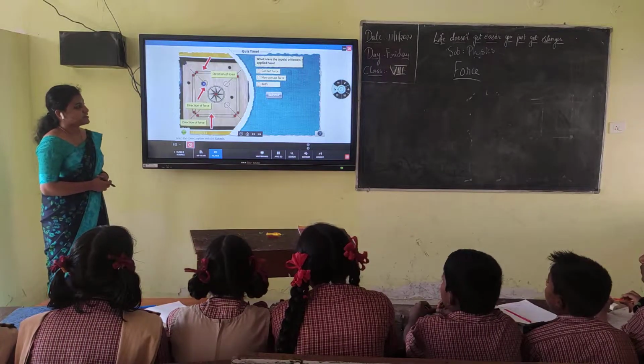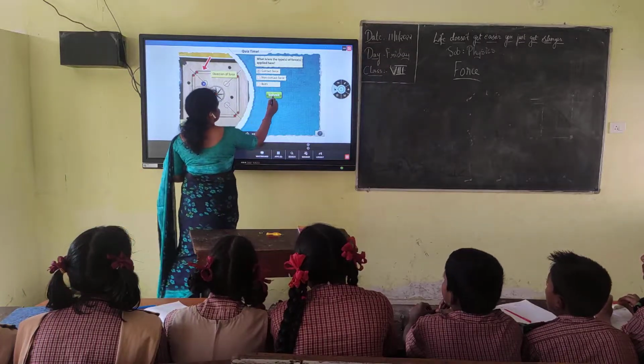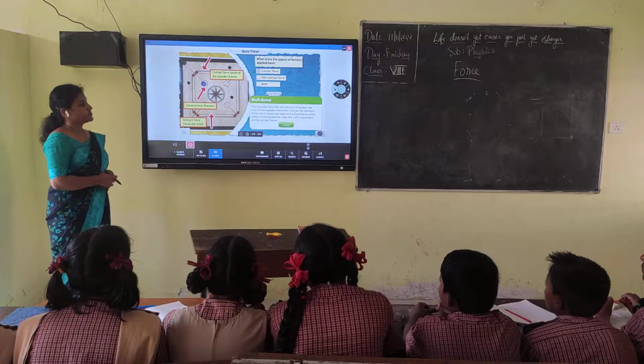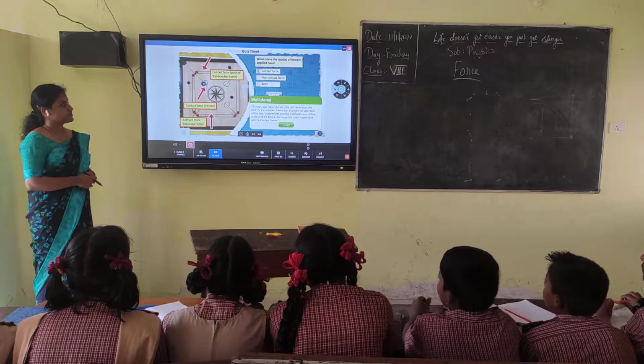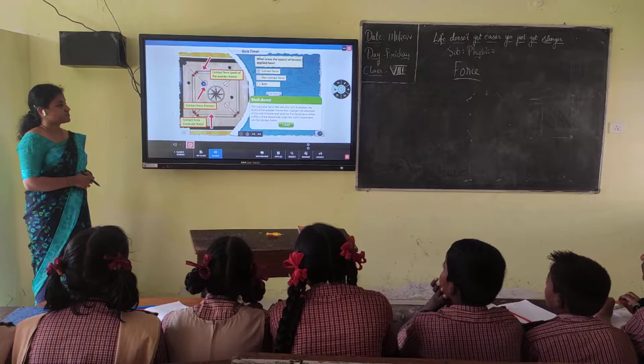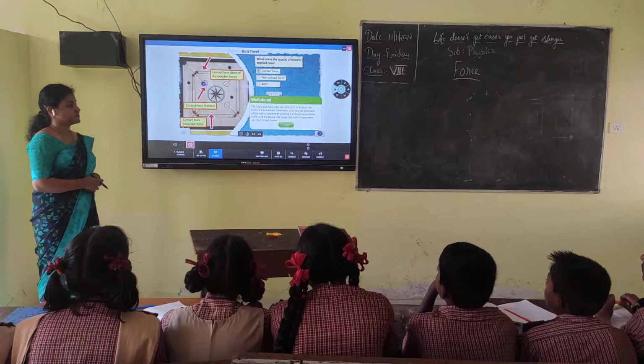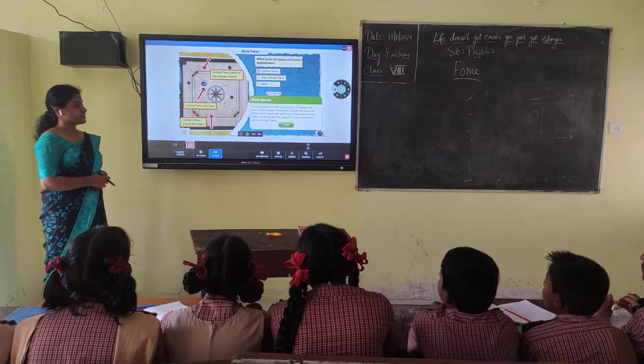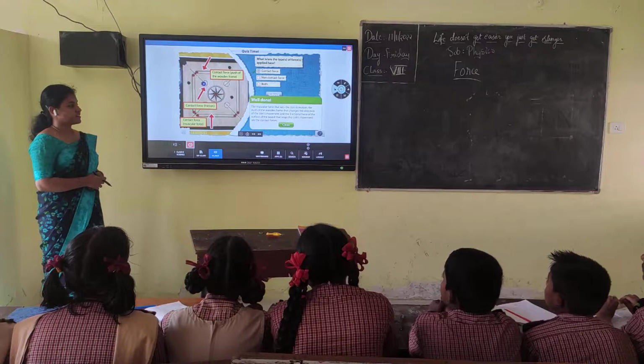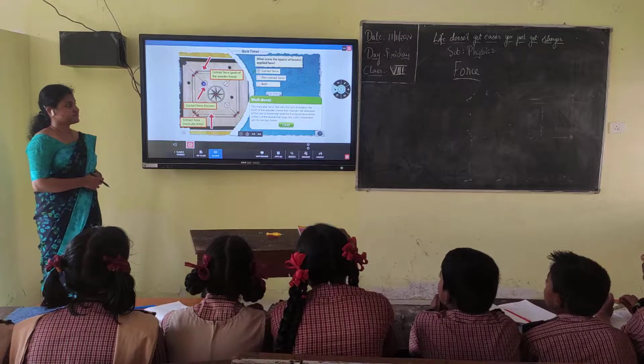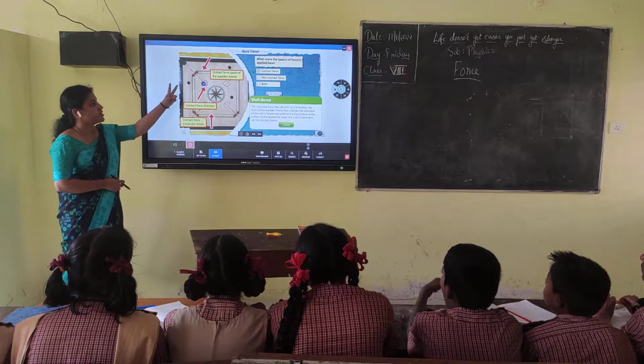Here. Contact. Contact force. Well done. The muscular force that sets the coin in motion, the push of the wooden frame that changes the direction of the coin's movement, and the frictional force on the surface of the board that stops the coin's movement are contact forces.